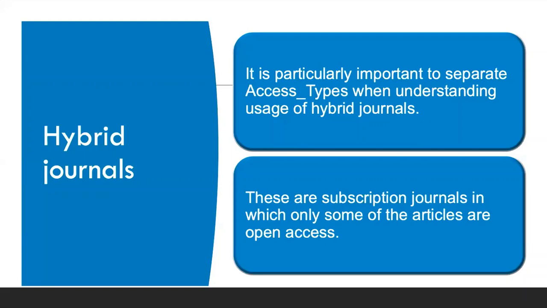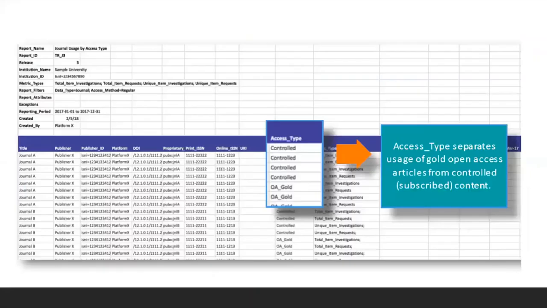And only you kind of know what that breakdown might be for your institution. But we wanted to be able to get to what of your subscribed journals is the full usage done without open access. And so in the report, the access type looks as it's displayed here and says whether it's controlled or whether it's gold OA or OA gold.